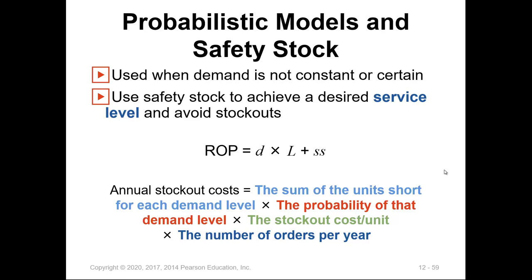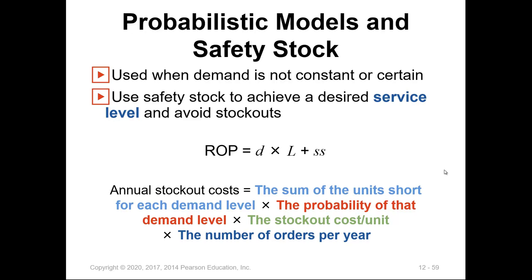All the inventory models that we have been discussing so far, in previous slides and the previous session, made the assumption that demand is constant and certain. The probabilistic models are used when product demand is not known but can be specified by means of a probability distribution.